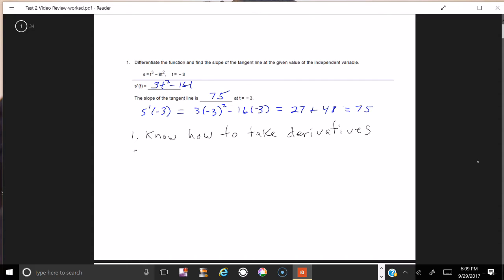You need to also understand that if you have s as position, then the velocity is equal to the first derivative of the position, and the acceleration is equal to the derivative of the velocity, which is the second derivative of the position. You need to know differentiation rules.